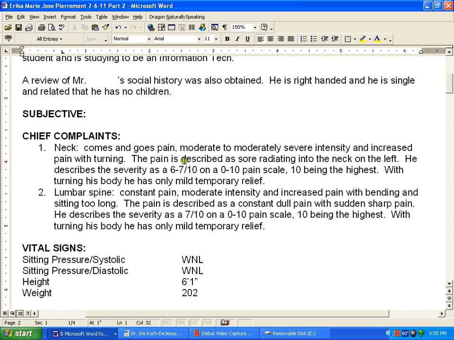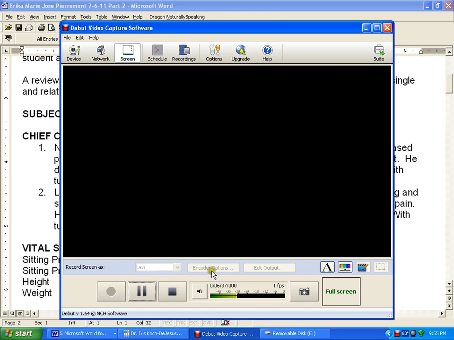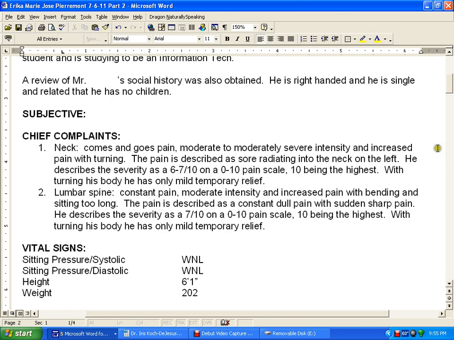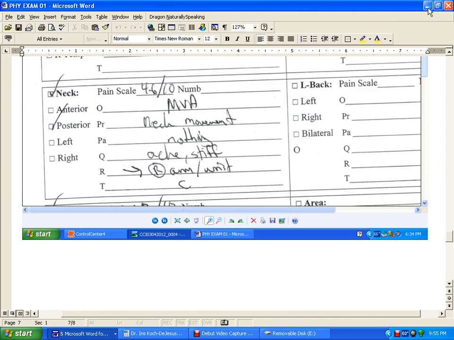Okay, the pain is described as, and we go to where it has the Q, ache and stiffness.